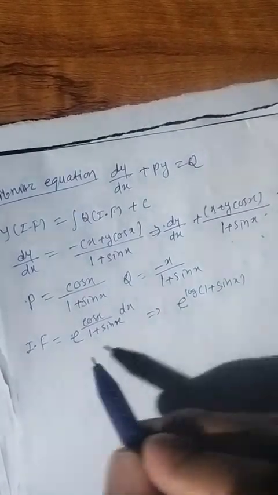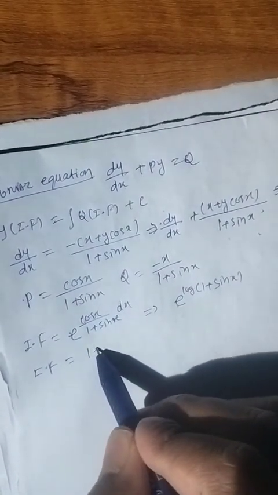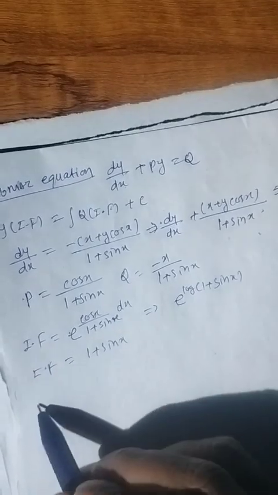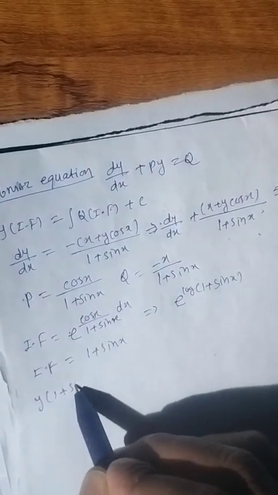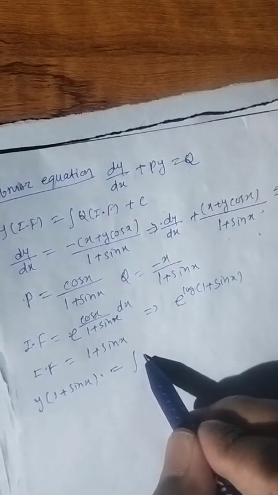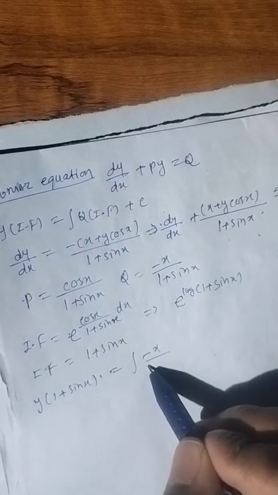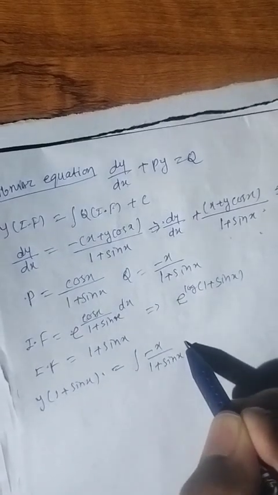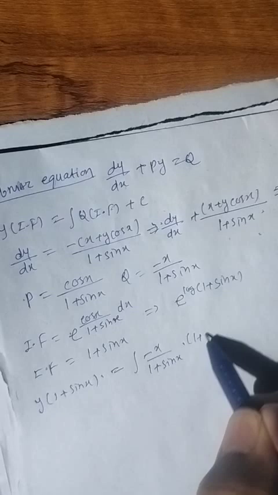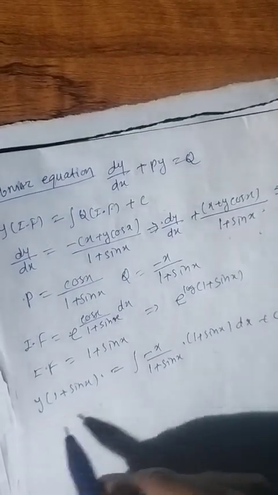So e and log cancel, integrating factor becomes 1 plus sin x. So y into 1 plus sin x is equal to integration of q, minus x upon 1 plus sin x, into 1 plus sin x dx plus c.